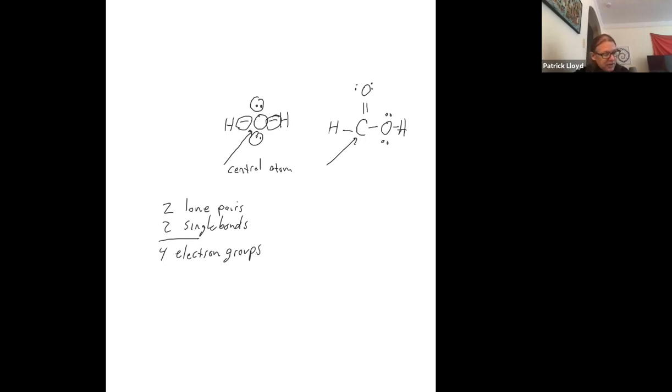Well, no lone pairs on that atom, but it does have a double bond. And it does have 2 single bonds. So that's a total of 3 electron groups.